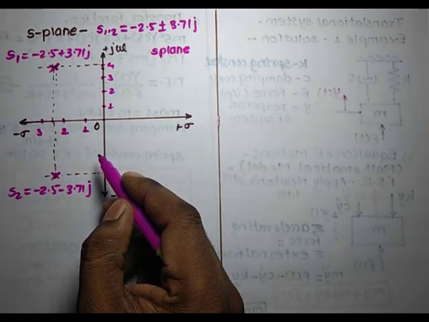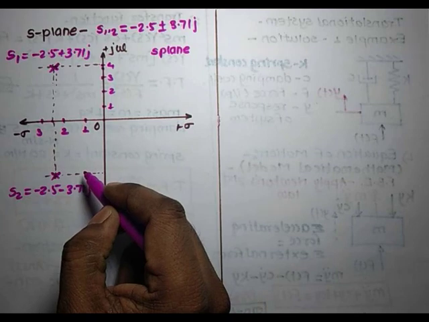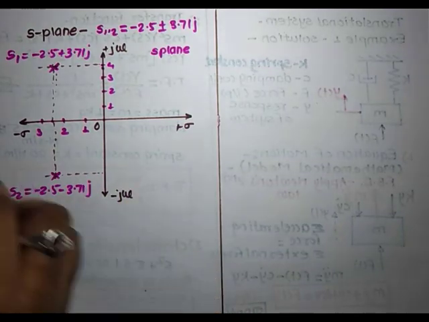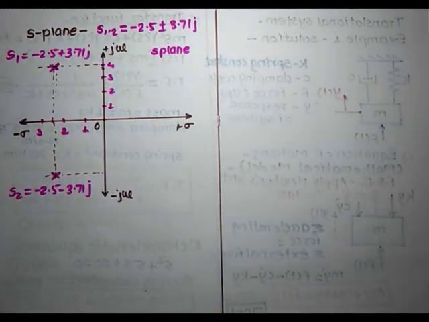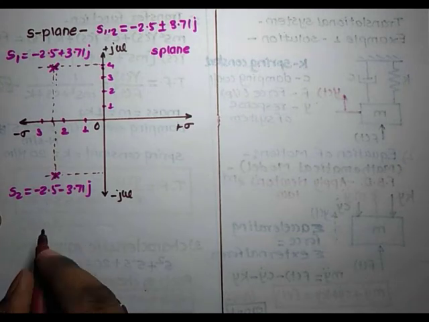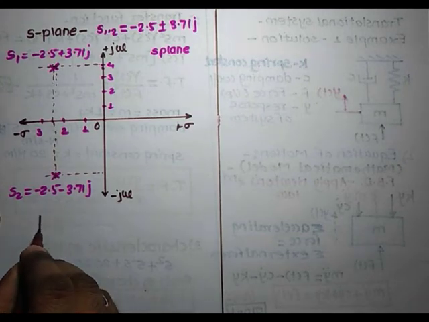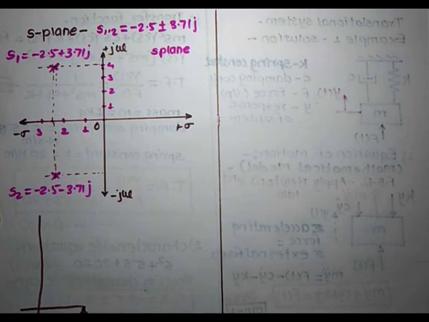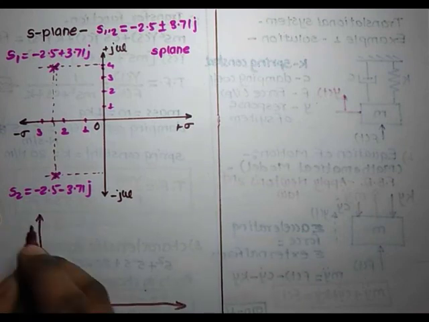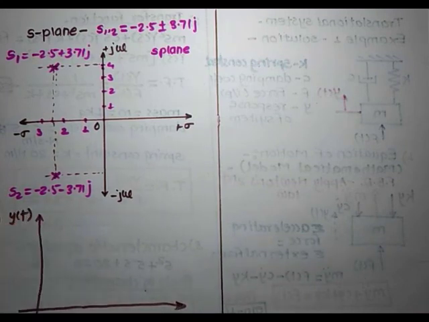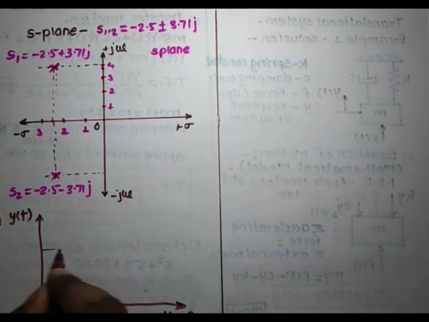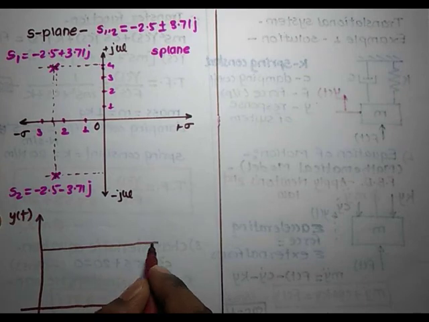Now since the roots are complex conjugates, and we know that for complex conjugate roots the response of the system is transient. So if we plot the response for a step input, let us consider this is the response y of t, and here we have time t, and suppose this is the unit step function at 1.